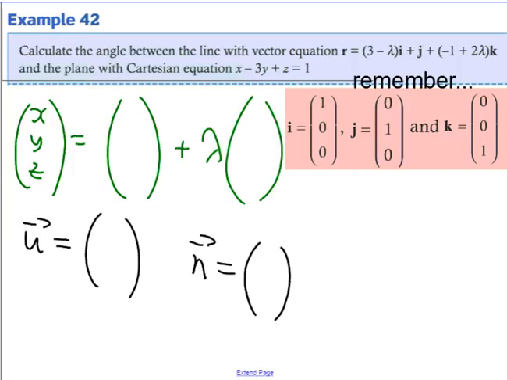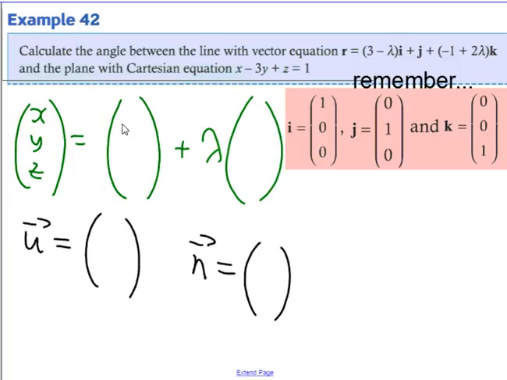Okay. So here's an example. Find the angle between the line and the plane. So this line is not really given in vector form very conveniently.